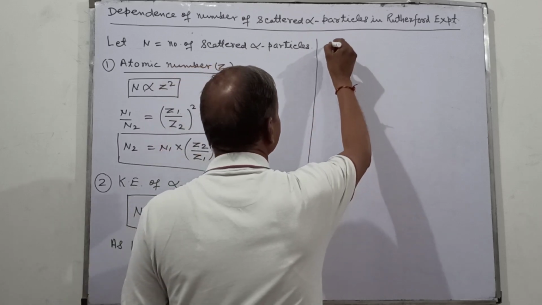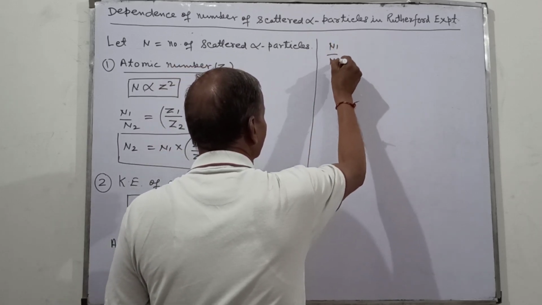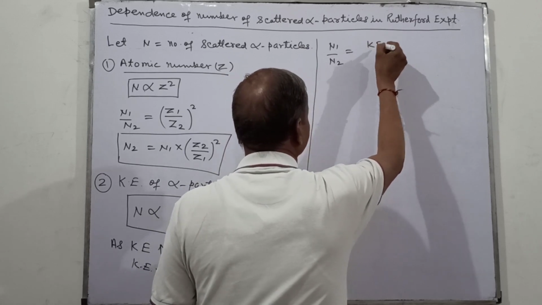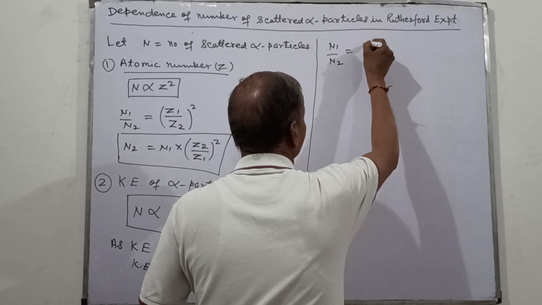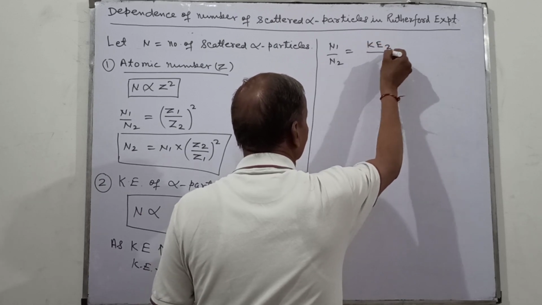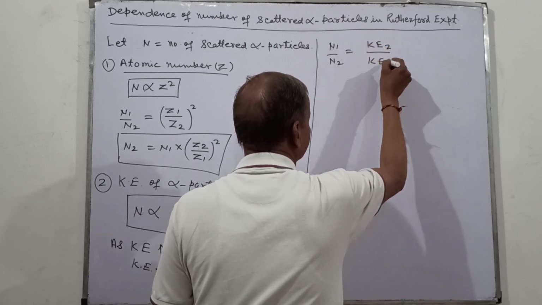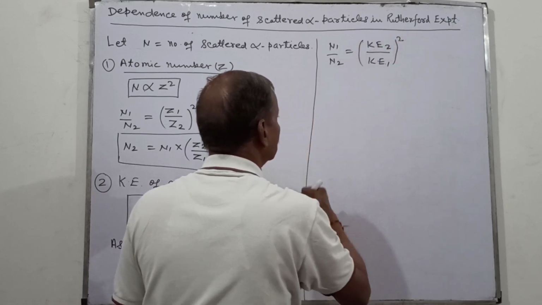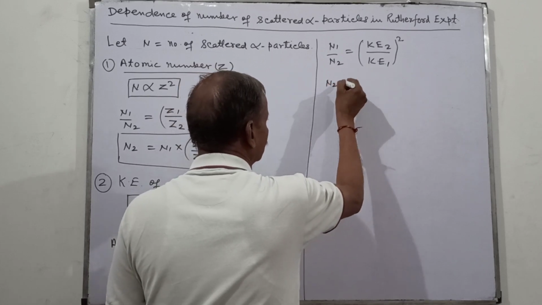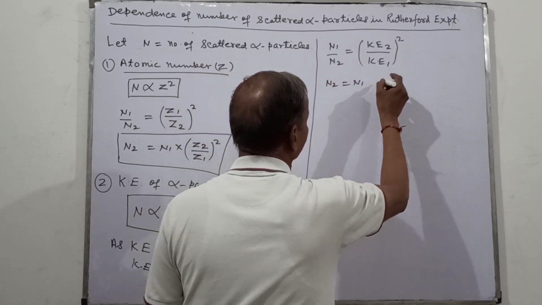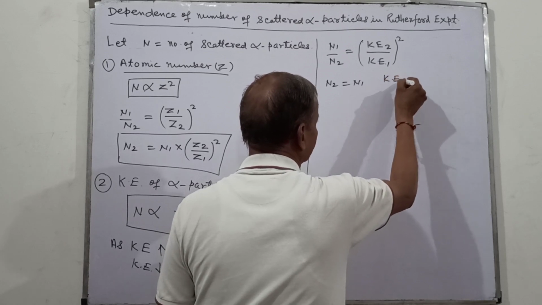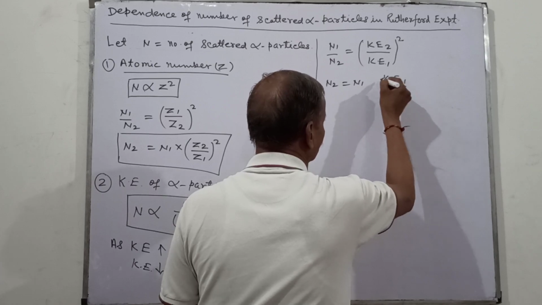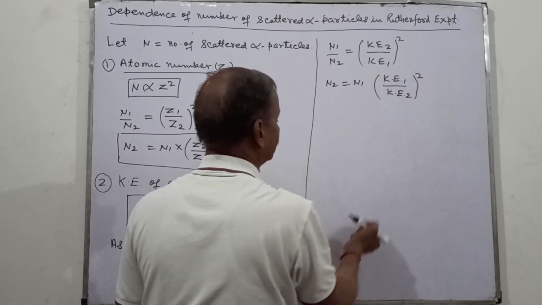So now we have n1 upon n2 equal to (kinetic energy 2 upon kinetic energy 1) whole square, or n2 is equal to n1 into (kinetic energy 1 upon kinetic energy 2) whole square.